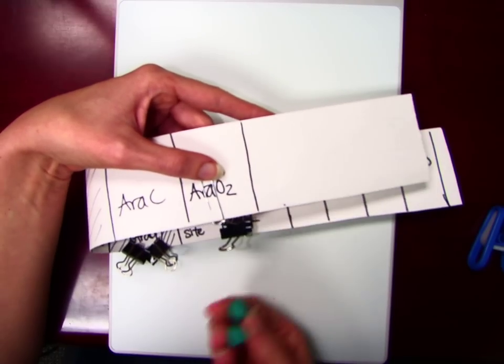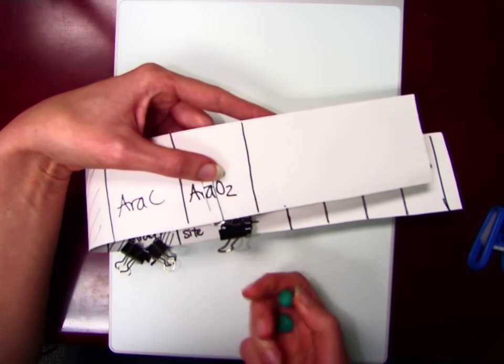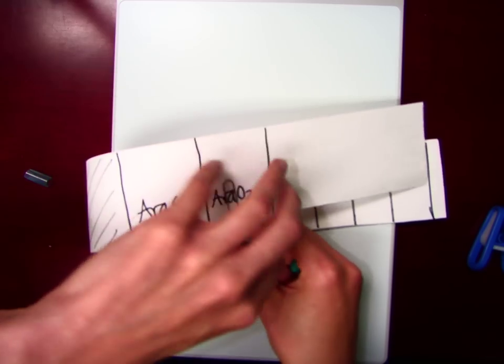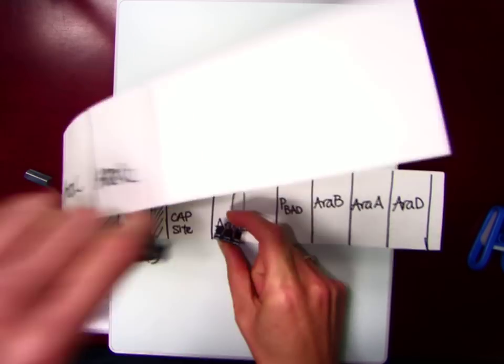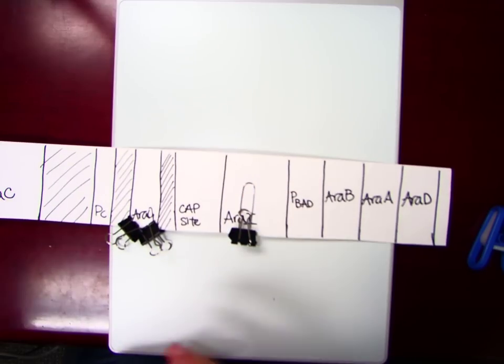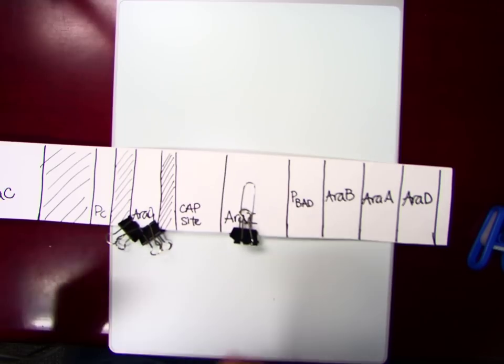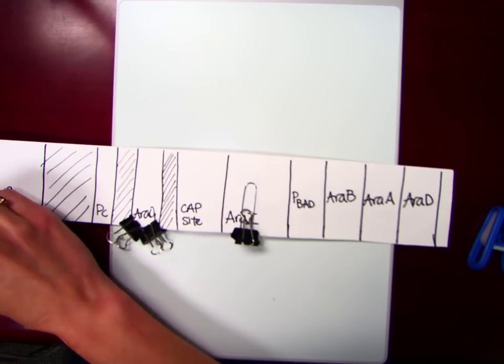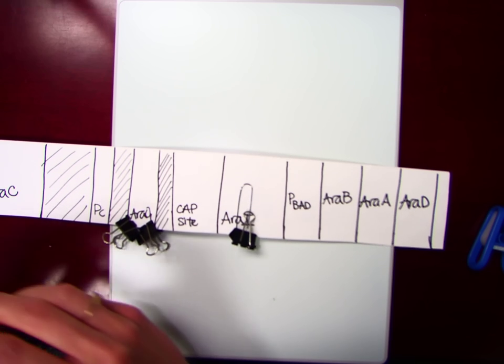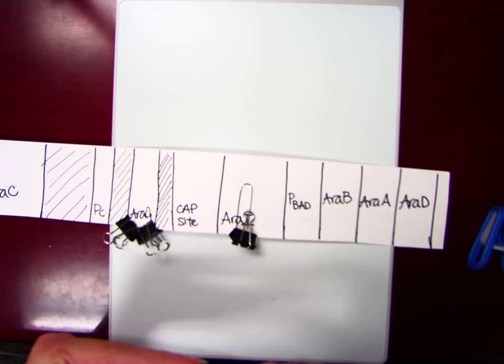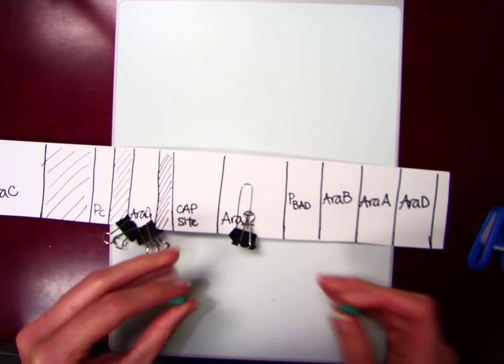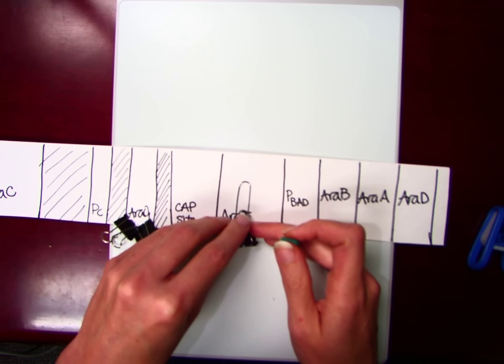When arabinose is present, this is our little Arabinose guys, then arabinose is going to bind the ARAC, and then what actually happens is the ARAC changes shape, which we already know. Anytime an effector binds, the ARAC changes shape. So we're going to have some arabinose bind down there. And since these are binder clips, I can't really change their shape, but we're going to have an arabinose bind here.